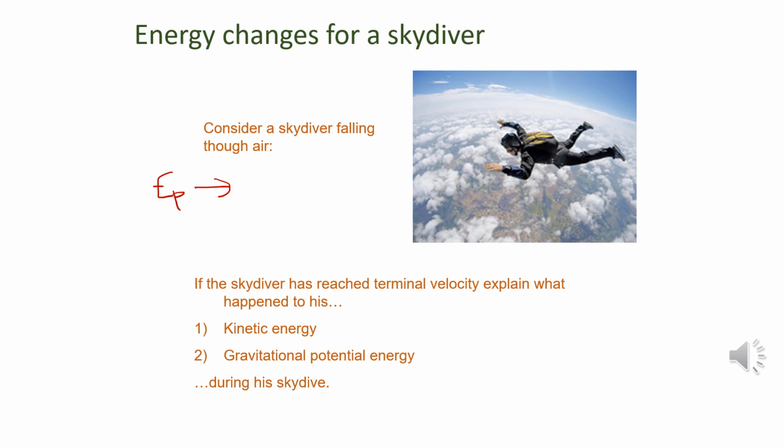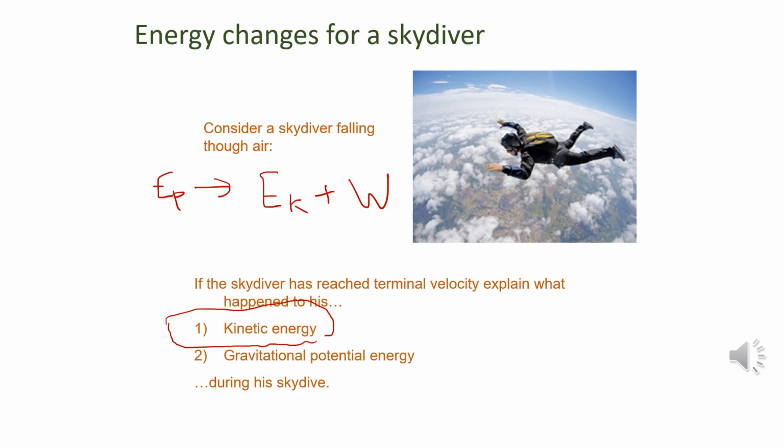Initially, the energy went to kinetic energy, but now that he's reached terminal velocity, the kinetic energy will remain constant, but the gravitational potential energy will continue to decrease. So where's that energy going? The answer is it's going to be work done against the air resistance.